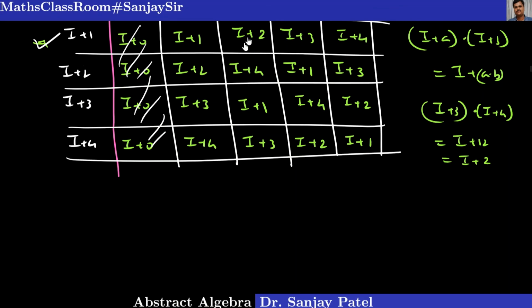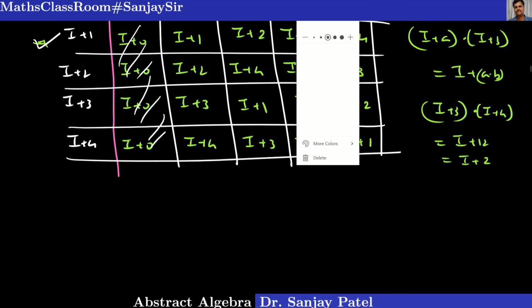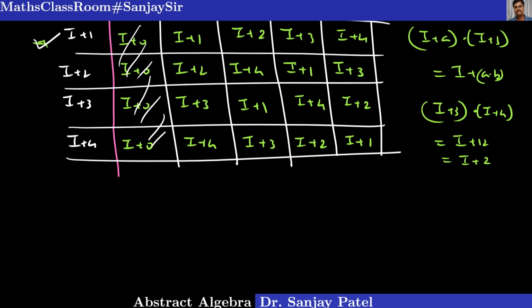Just note that. Note that I plus 1 is the unity in this ring R mod I.